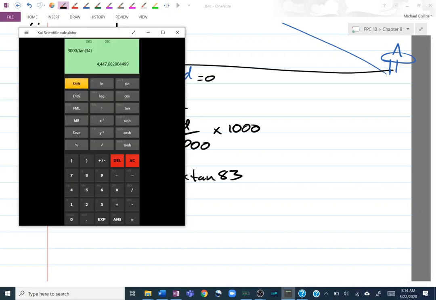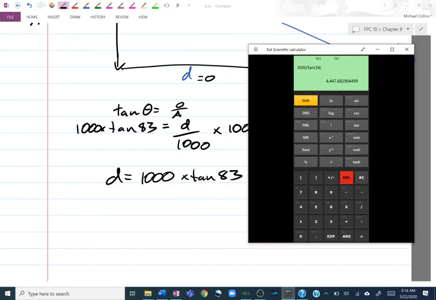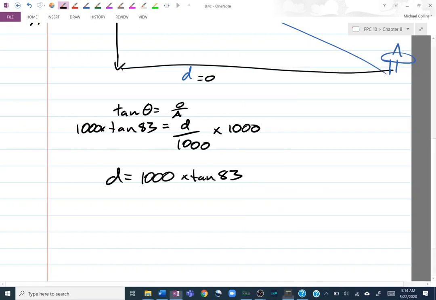Pull out our calculator again. 1,000 times tan of 83, and I get 8,144. 8,144 meters away, if he's 1,000 meters up, is when he has to start his descent.